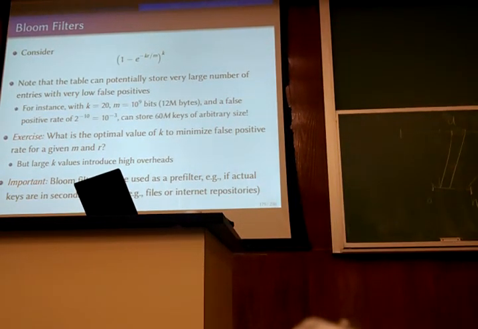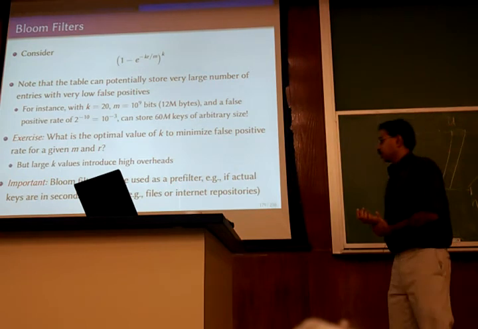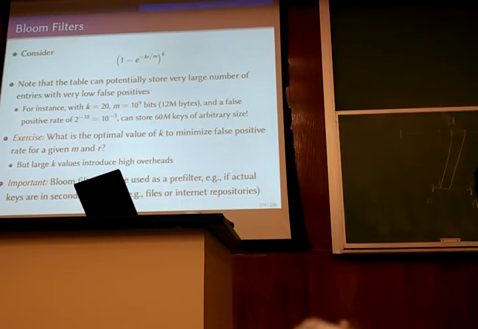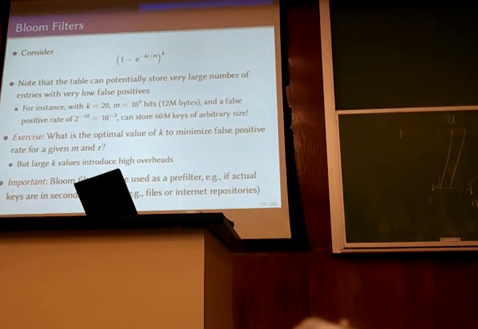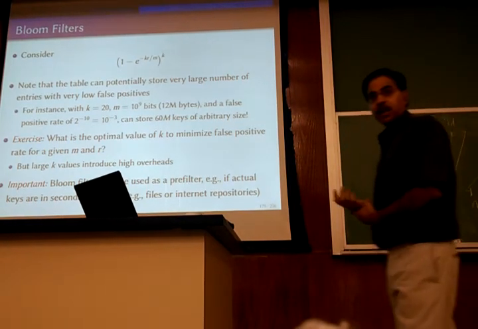So instead you can look up the Bloom filter, and if the Bloom filter says the key doesn't exist, then you saved a lot of time. If it says it exists, then you might have to go to your slow backup and figure out whether it's actually there or it's a false positive.